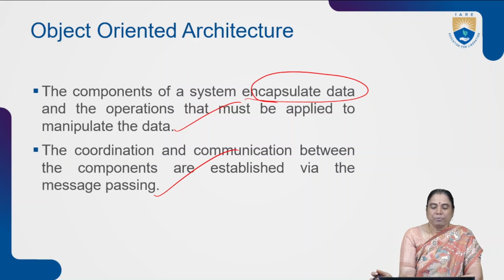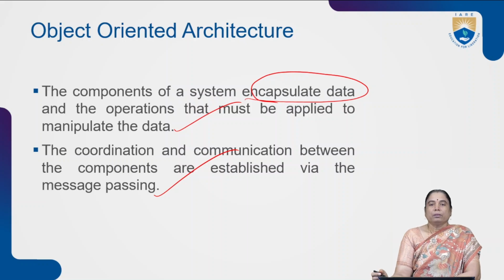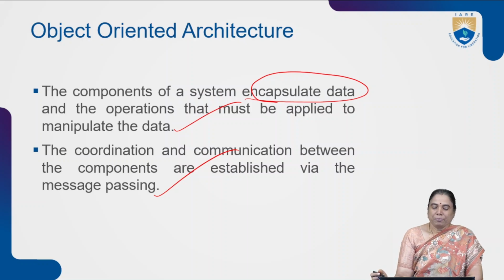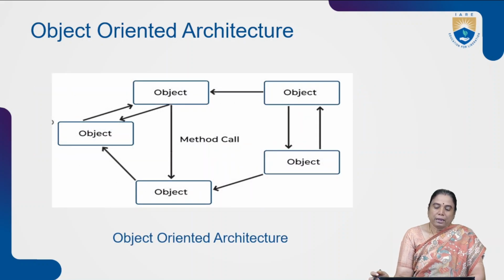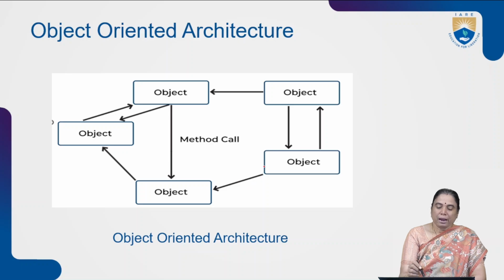So, class and object are the main components. In this, the class can encapsulate the data and the operations, and the objects can communicate via message passing. And these objects must be related to one another in a mesh architecture.